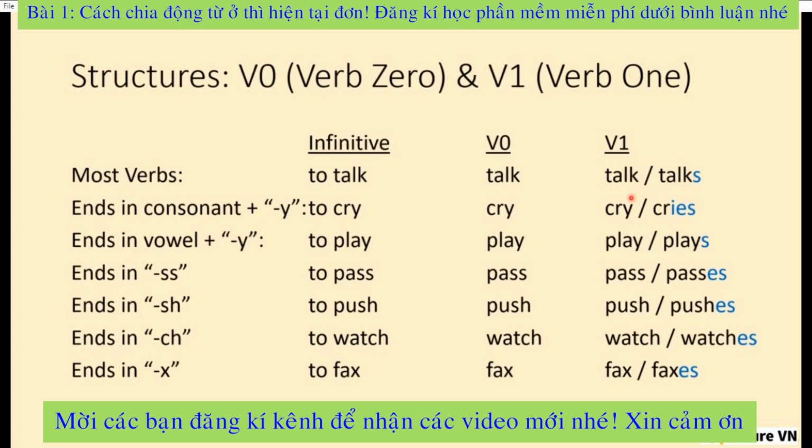For example, we would say, I talk, but he talks. We'll talk about that later. For most verbs, it's pretty simple. We just add s. So talk and talks are the two forms of talk for verb 1.